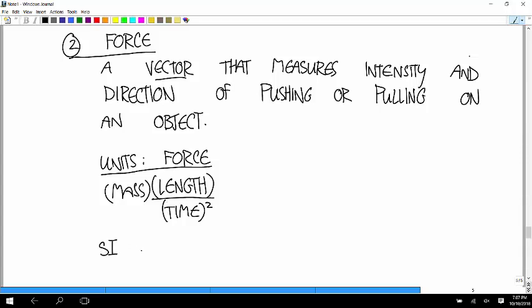That means that in SI units, the units of force are kilogram meter per second squared. But since force is something we're going to talk about all the time, we're going to rename this combination of units as a Newton, and we'll abbreviate it capital N. So 1 kilogram meter per second squared is 1 Newton.